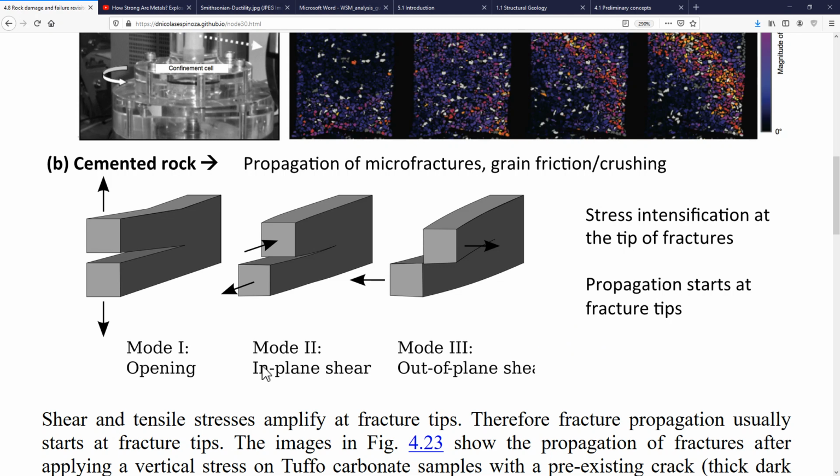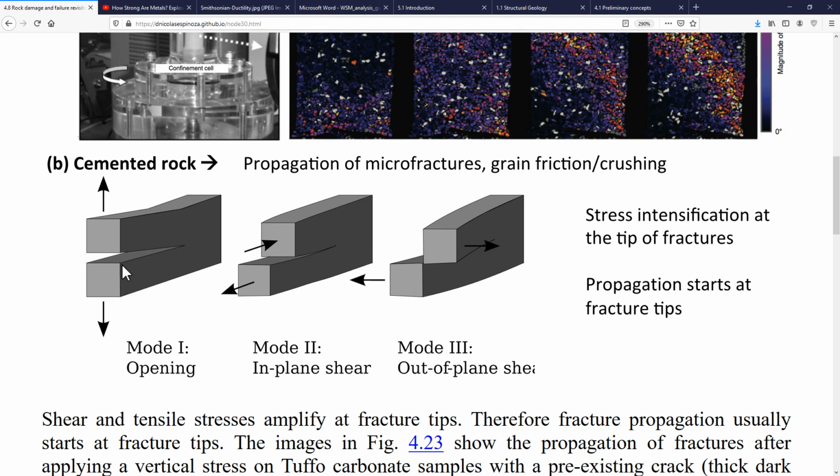And these go by the names of mode 1, mode 2, and mode 3. In the mode 1 type of fracture, what we see is an opening of the two faces with respect to each other. And this is usually caused by tensile failure, and it's called opening mode, again because the two parts of the faces of the fracture open with respect to each other.